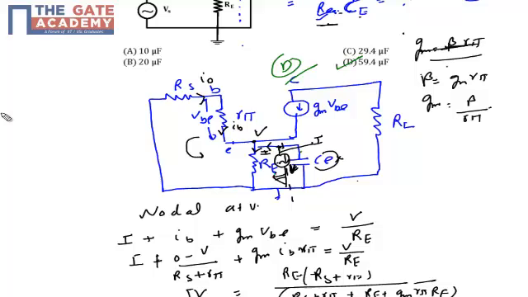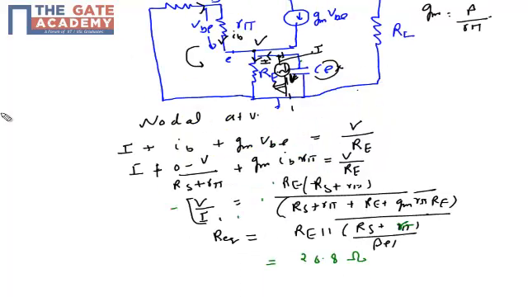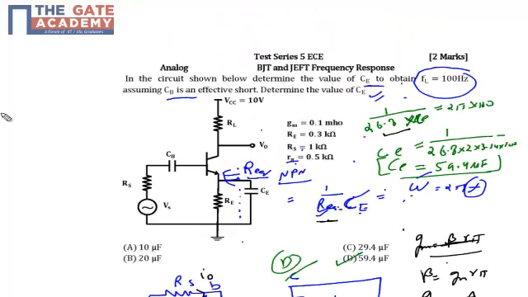We short circuit the input voltage, and calculate the impedance by assuming another voltage source with voltage V and current I, and find V by I, which is nothing but my R equivalent. This is the standard method. This kind of question is very important from the GATE point of view, especially in common data and linked data questions.